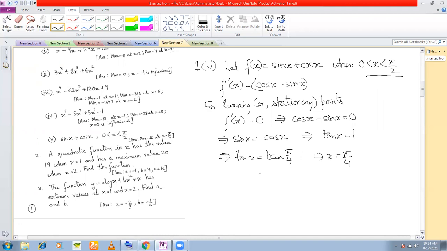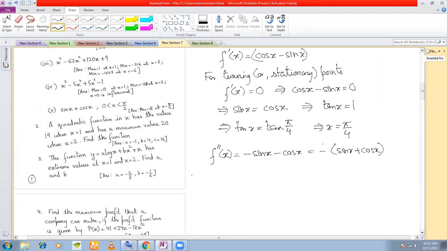Now we need to check at x is equal to pi by 4 whether we get a maxima or a minimum. So find out the second derivative here. Minus sin x minus cos x. And this has minus sin x plus cos x. Now you check at x is equal to pi by 4. f double dash pi by 4 is equal to minus sin pi by 4 plus cos pi by 4.